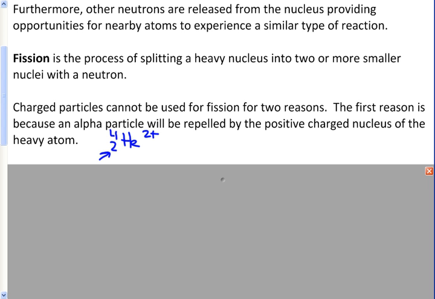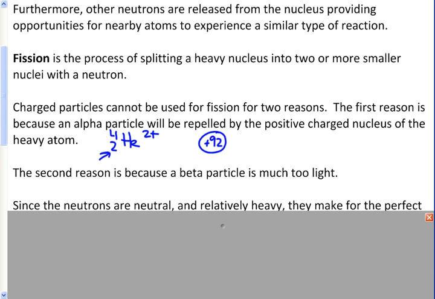If that positive 2 charge moves towards a nucleus, for example a uranium nucleus, which will have a charge of plus 92, that nucleus is going to very strongly repel that helium nucleus, and therefore it will either get completely repelled, pushed backwards, or else it just might get deflected. It'll just graze off of it. So that is the first reason, because of the charge of the nuclei themselves.